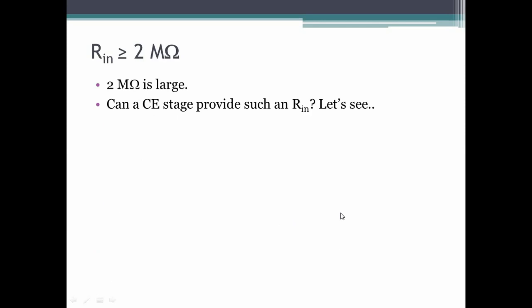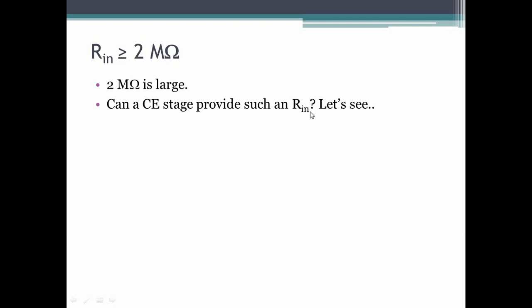All right. Let's look at Rin. Rin we are given must be greater than 2 mega ohms. Of course, this is a very large resistance, but that's what makes it a good voltage amplifier. So the question we ask is, can a common emitter stage provide such a large Rin?